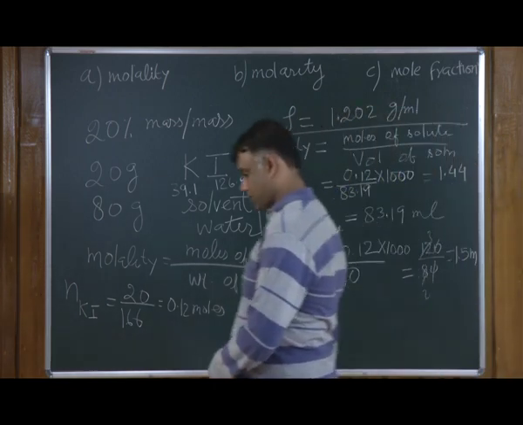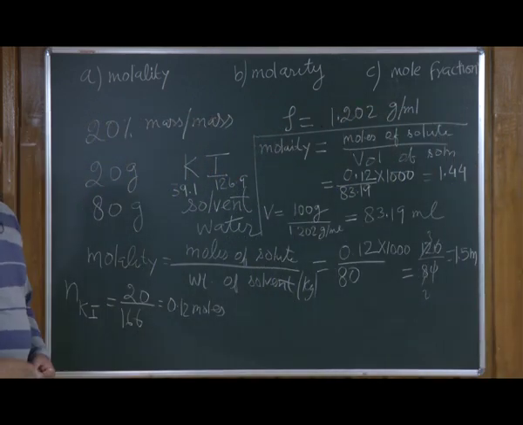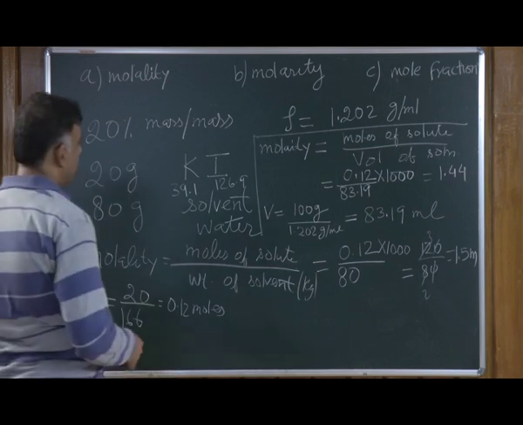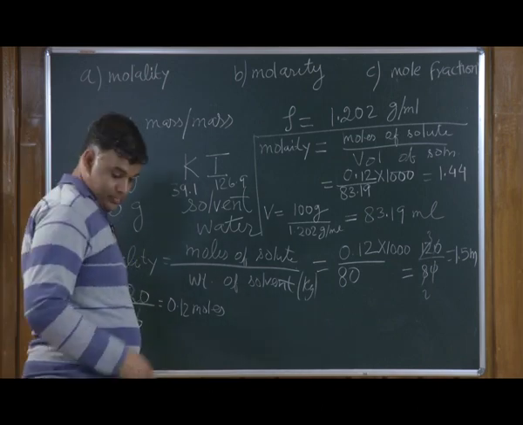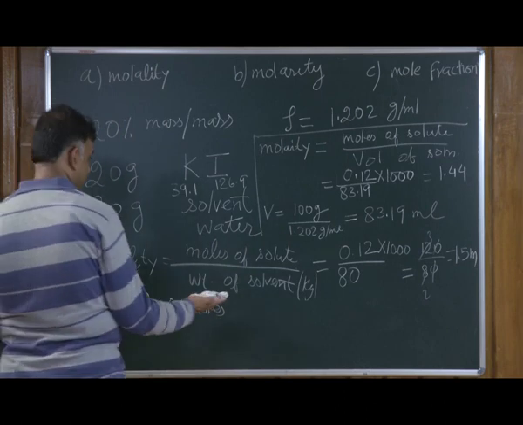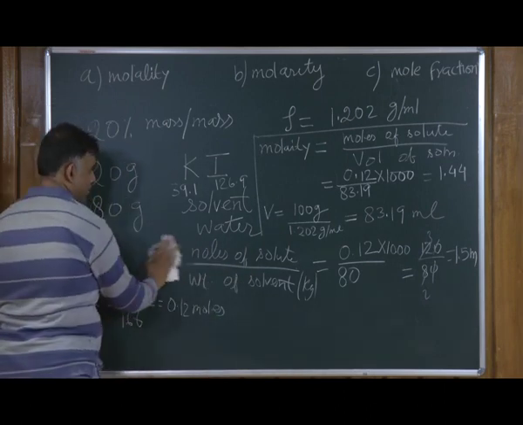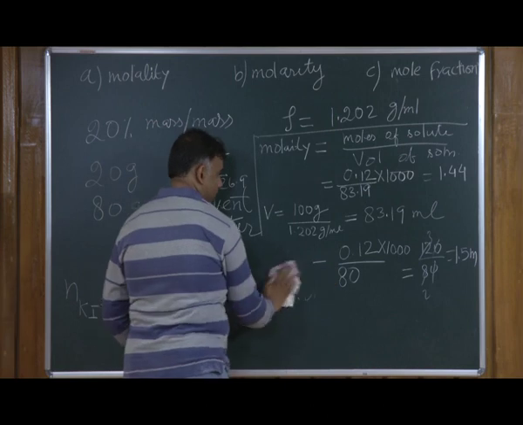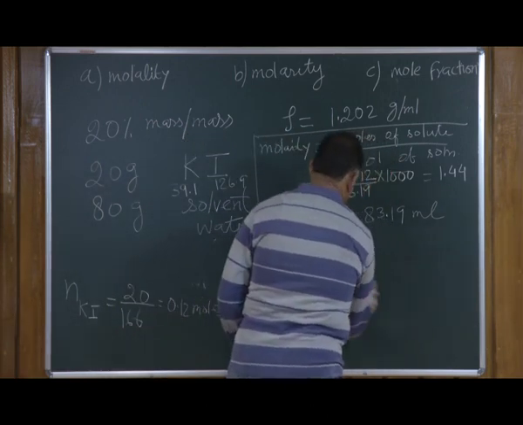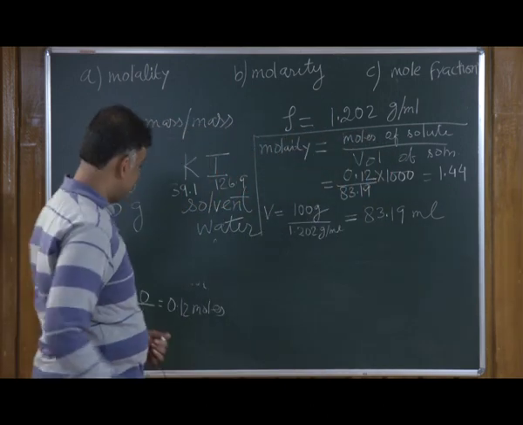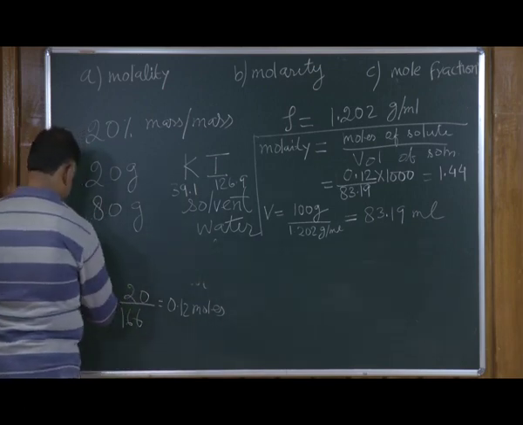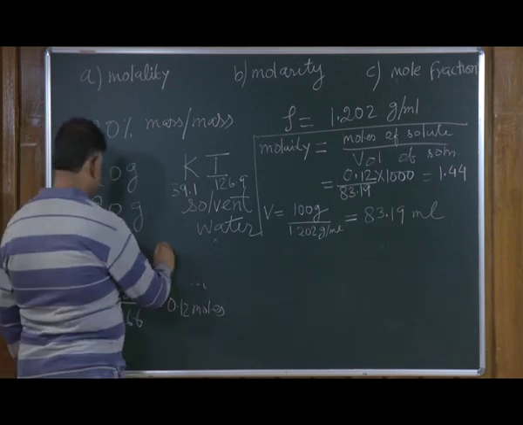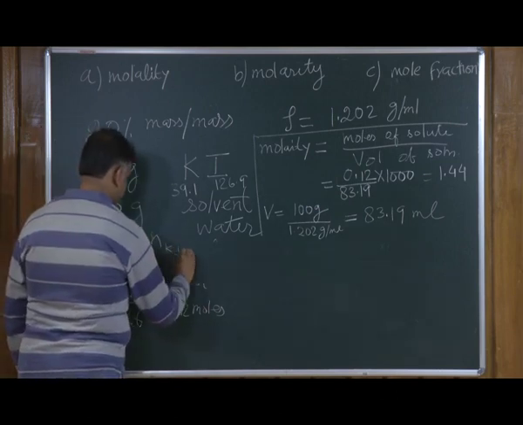Okay. Now, the last quantity which we need to calculate is mole fraction. Let me now clean this part. So, mole fraction of KI would be moles of KI divided by total moles.